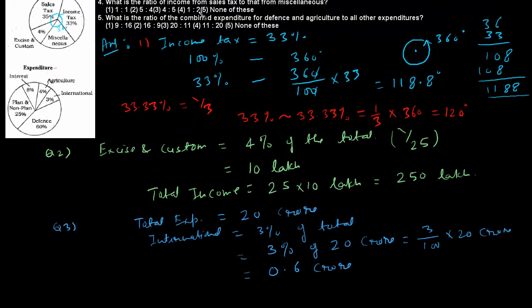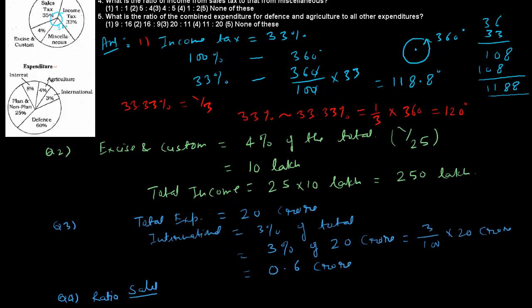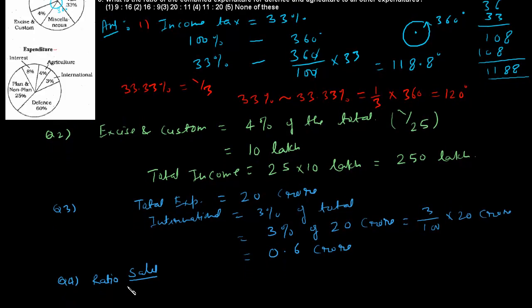Let's move ahead. Question number 4. What is the ratio of income from sales tax to that of miscellaneous? So in question number 4, we have to calculate the ratio of income of sales tax to that from miscellaneous.